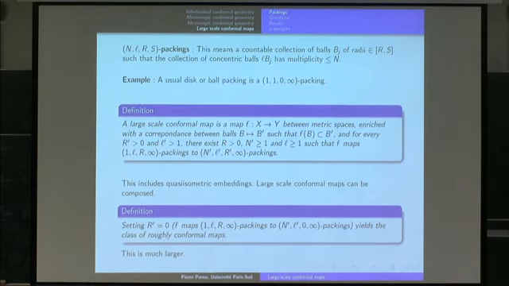So this is the large scale category, the things that you can compose together. This is a notion in which both spaces, range and domain, play symmetric roles, whereas there is an asymmetry in this definition here.